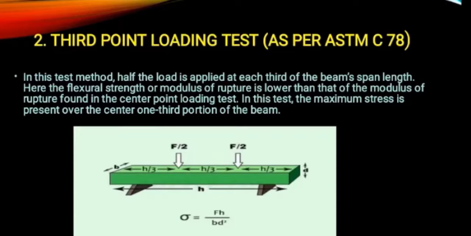Kung sa center point loading test is load F, dito sa third point loading test is F all over 2. So ganun pa rin yung gagawin natin. I-determine natin kung anong loading nag-fail or ilang load nag-fail yung ating beam, and magagamit natin yung data na yon para isa-substitute natin sa formula para malaman natin and makompute natin yung modulus of rupture ng ating beam.